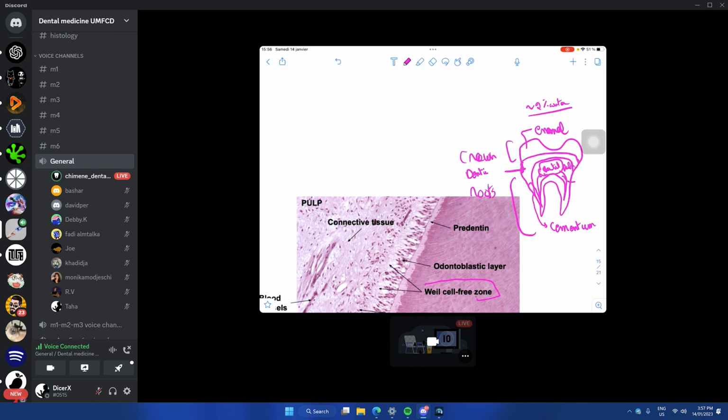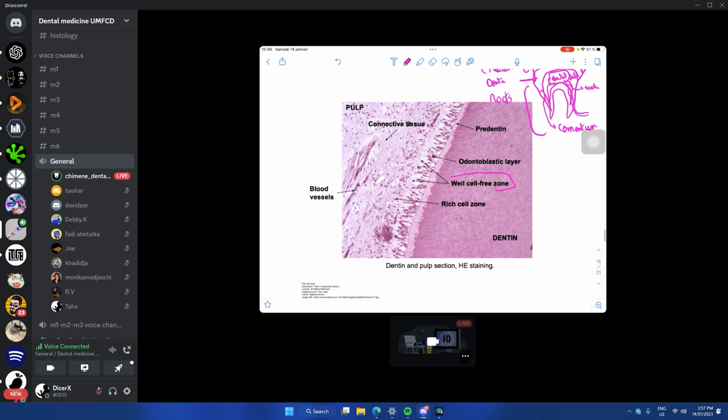And those are the roots of the tooth. They have a continuum of bundles of vessels and nerves that traverse into the dental pulp. And that's it.